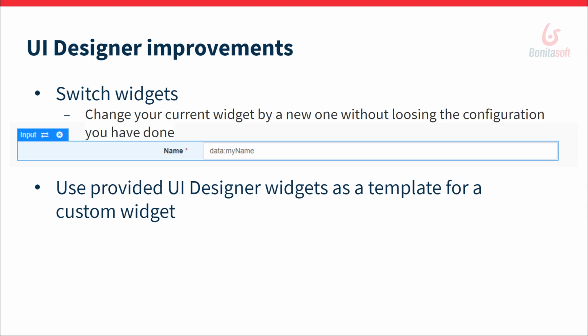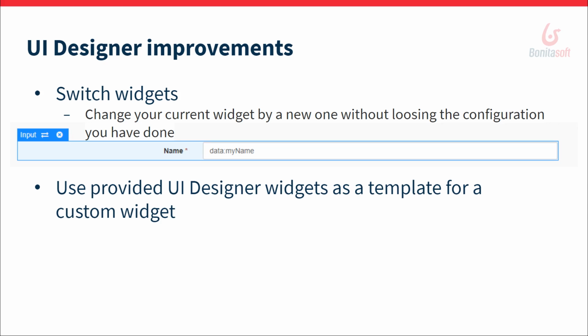If you have configured your input widget properly, it can be painful to add the other widget and do all the configuration over. So basically this new feature will let you switch the widget without losing the configuration. We'll have a quick demo on that shortly.